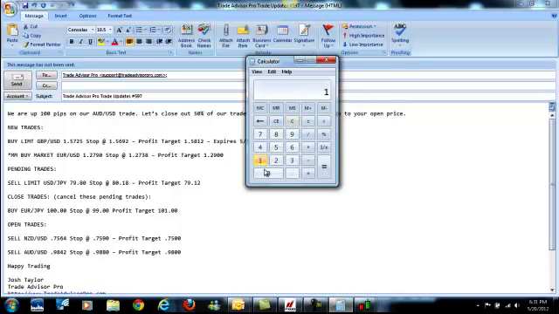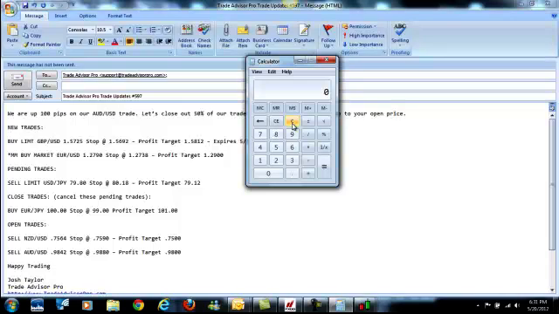So what we need to do is take $100,000 and divide that by 33. I'm just going to round it off. If that trade goes against you at a 33 pip stop, you're basically risking $3,000 per pip.